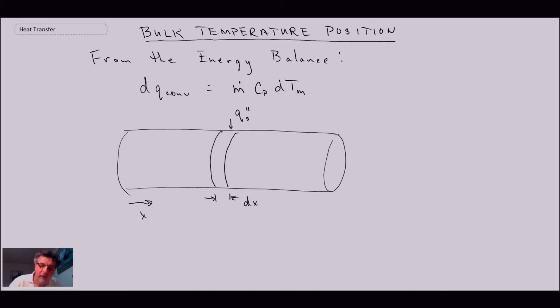Now, knowing this is one equation that we have, we can also do a balance based on the amount of convective heat transfer taking place. So dq convection can also be expressed as our surface heat flux multiplied by P, the perimeter of the pipe, times dx, that would be the area.